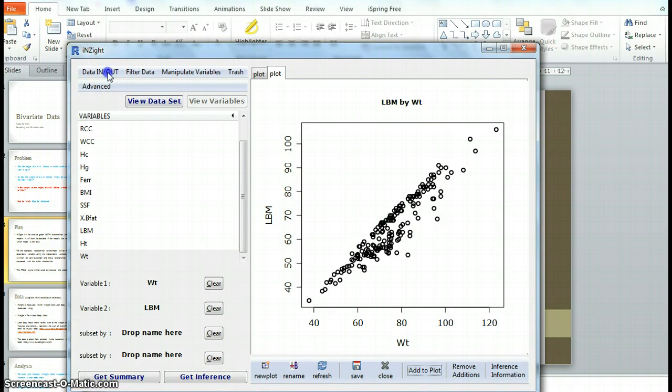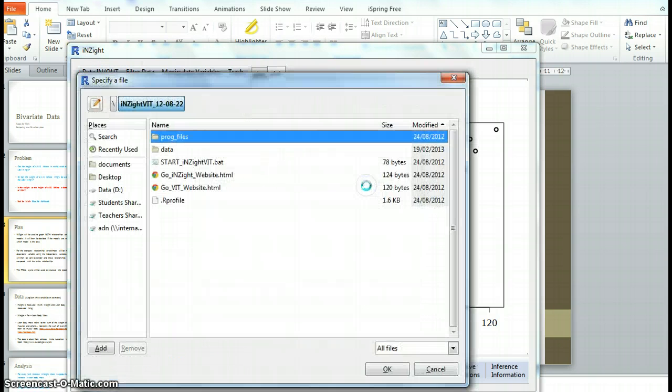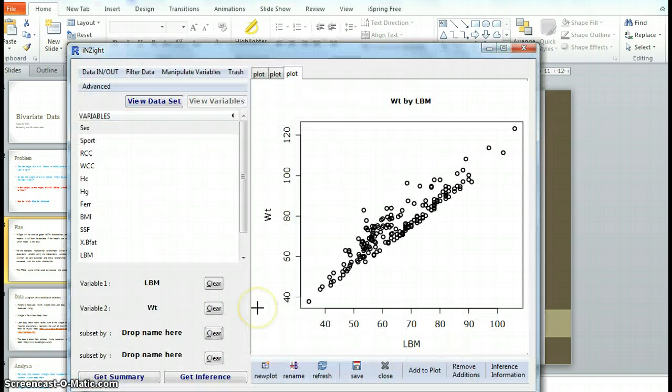I'm going to quickly import the data again and see if that makes a difference. Okay, my line's not coming up for some reason. I think from this point I would need to restart Insight, and that's a good thing to remember in an exam situation. Someone had to do that in the time series exam.